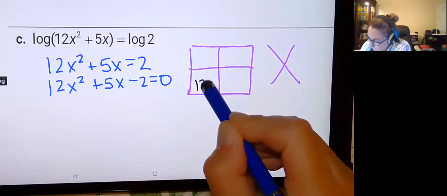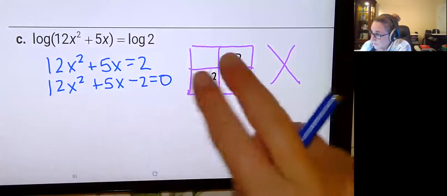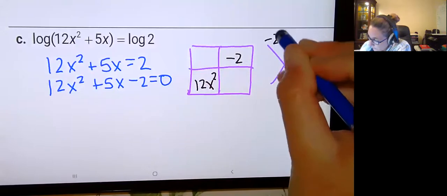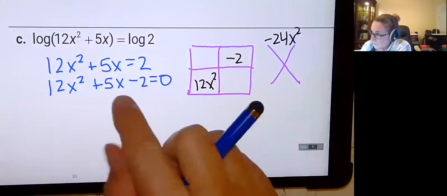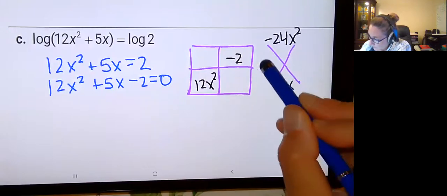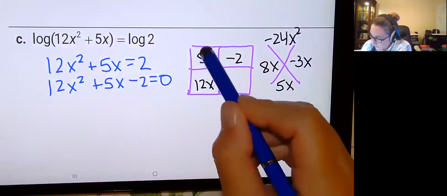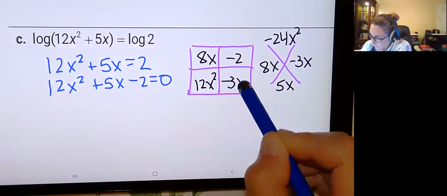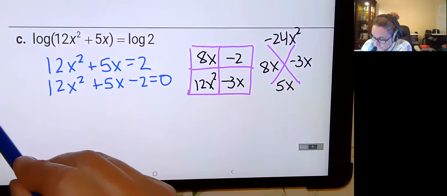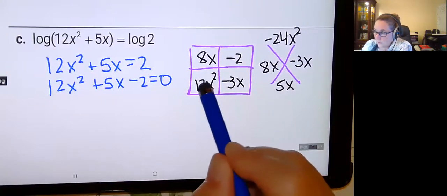So this is going to be 12x squared and a negative 2 because of this. These multiply to a negative 24x squared, and they have to add to a 5x. So that should be an 8x and a negative 3x.